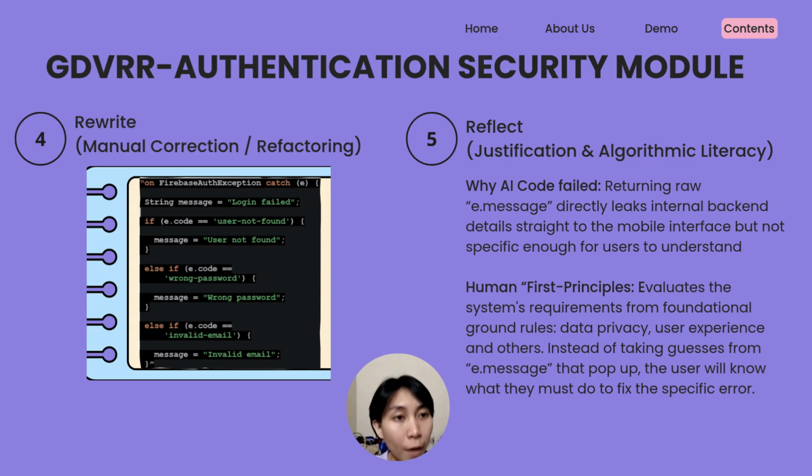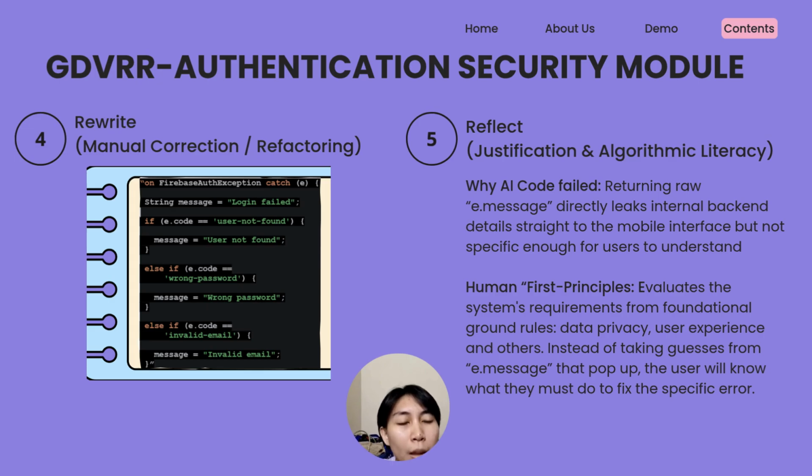Number five is reflect, justification and algorithmic literacy. So why did the AI code fail in this case? It failed because it returned raw e.message, which directly links internal backend details straight to the mobile interface, but not specific, right?